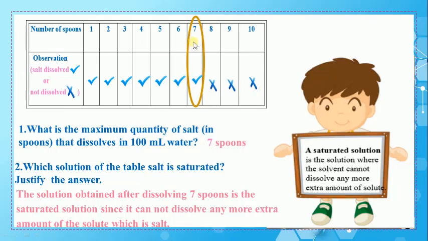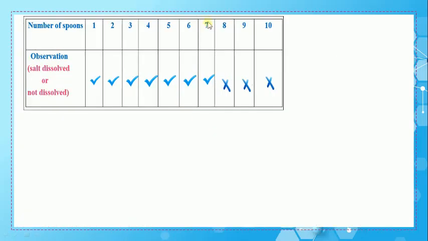So, the solution obtained here after dissolving 7 spoons is saturated, since it cannot dissolve the 8th spoon, so it cannot dissolve any more solute. The solution obtained after adding 7 spoons of salt is called a saturated solution.